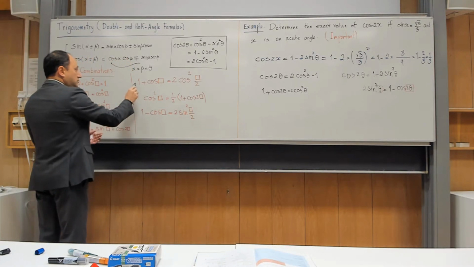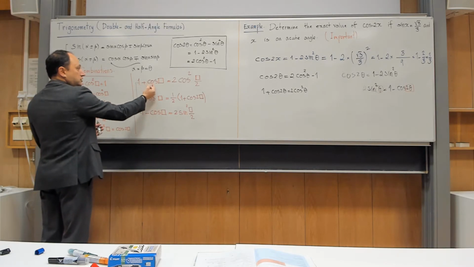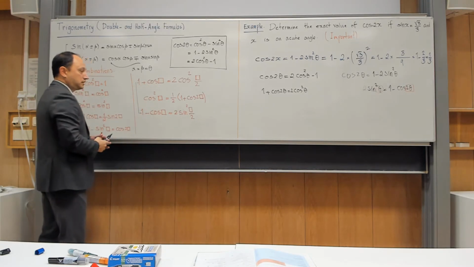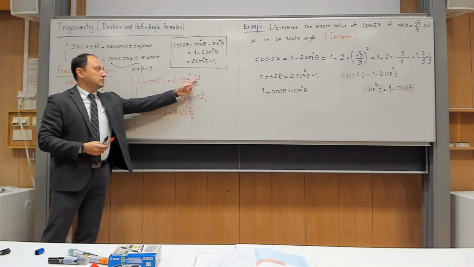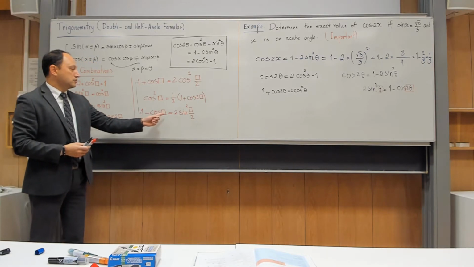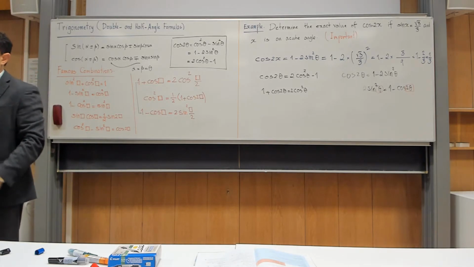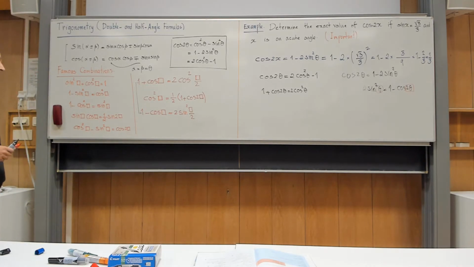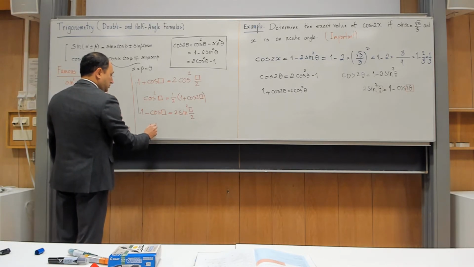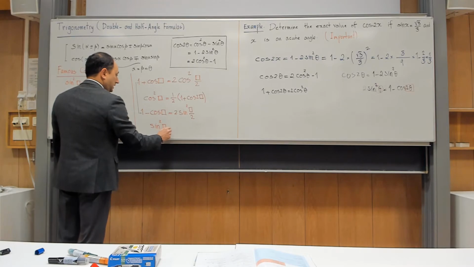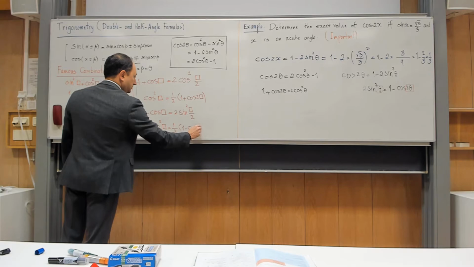Especially these two will be very important. You see 1 plus cosine, 1 minus cosine. For 1 plus cosine, you can write 2 cosine squared box divided by 2. For 1 minus cosine, you can write 2 sine squared box over 2. All of them are the same formula; I am writing them in different ways. Then finally, you will get this combination from here: sine squared of the box is 1/2 times 1 minus cosine 2 theta.